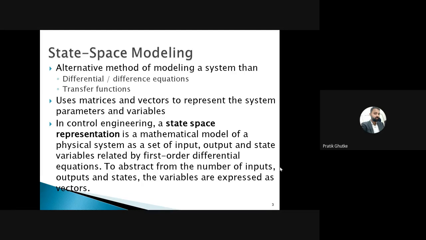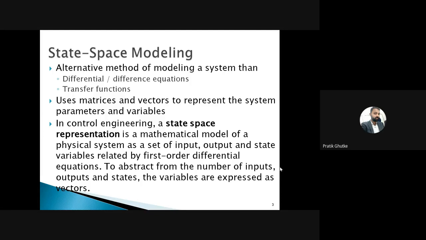So what do you mean by state space modeling? State space is an alternate method of modeling a system than differential or difference equations, or the transfer function. So it is different from all these: the differential equation representation, transfer function representation, and the difference equation.